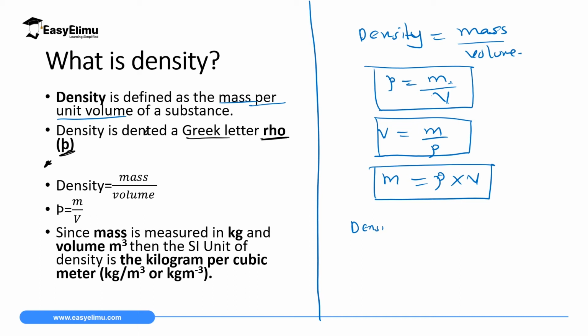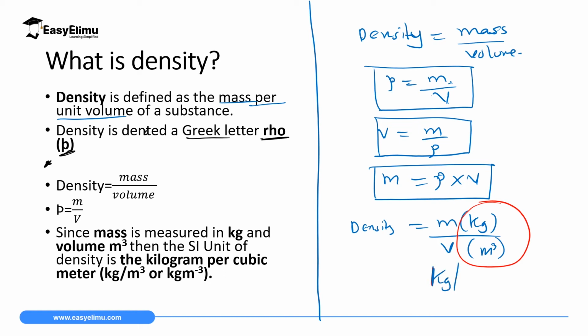Density, we have said, is equal to mass, which is measured in kg, over volume, which is measured in cubic meters. So the SI unit will be kg per cubic meter, written as kilogram per cubic meter, like that.